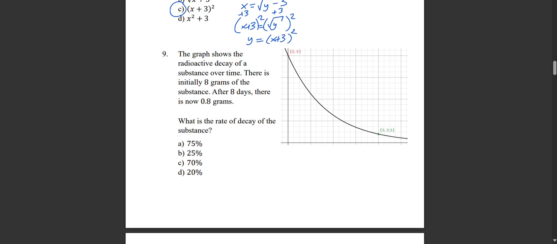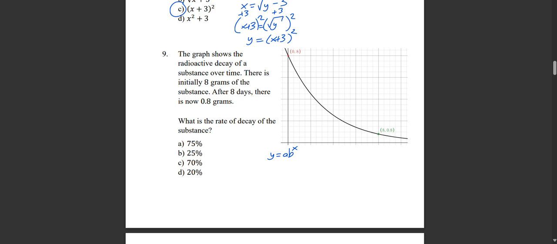Number 9, the graph shows the radioactive decay of a substance over time. There's initially 8 grams of the substance, and after 8 days, there's now 0.8 grams. So what would the rate of decay of the substance be? Well, we know that y is equal to a times b to the x. That is our general exponential function, where a is the initial amount and b is the growth or decay factor.